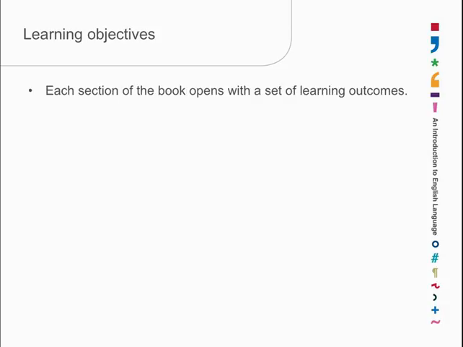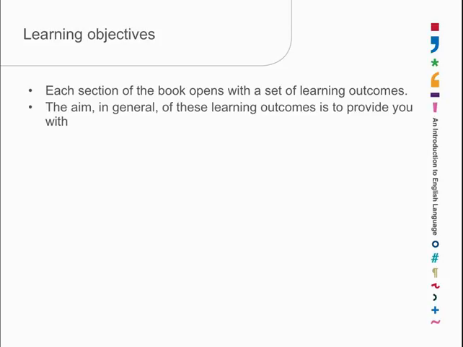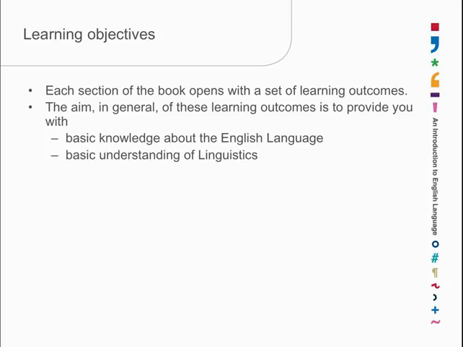Every section has learning objectives. We want to give you a clear idea of what it is we think you should have achieved by the end of a section of the course. They aim to provide learning outcomes, so there's some basic knowledge about the English language, as well as a basic understanding of linguistics, which is the toolbox that is used for analyzing languages.